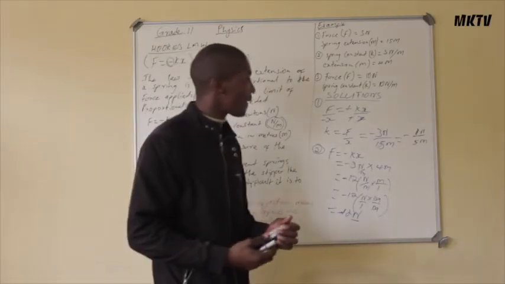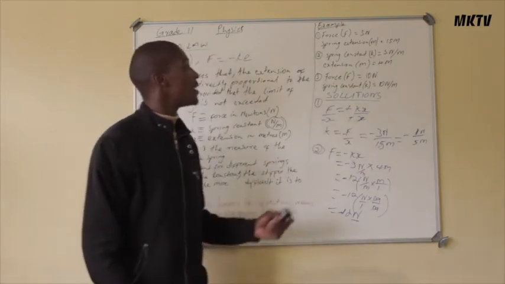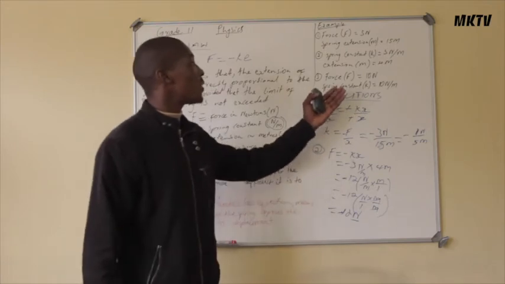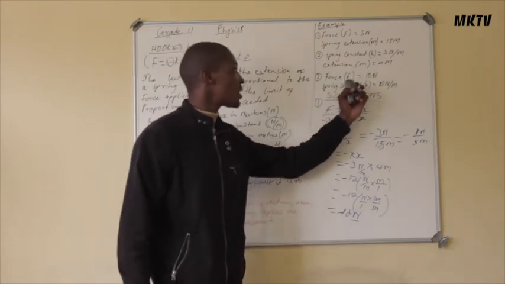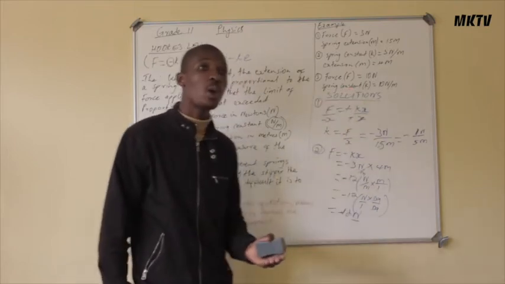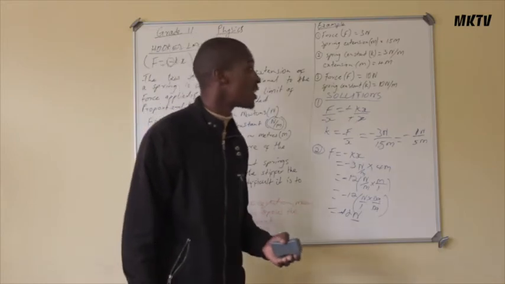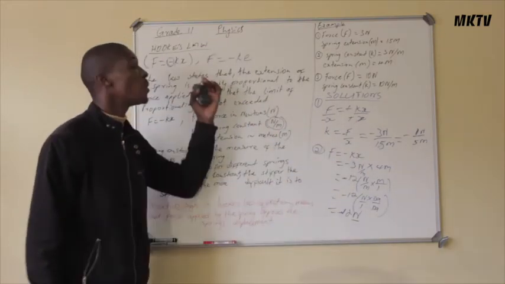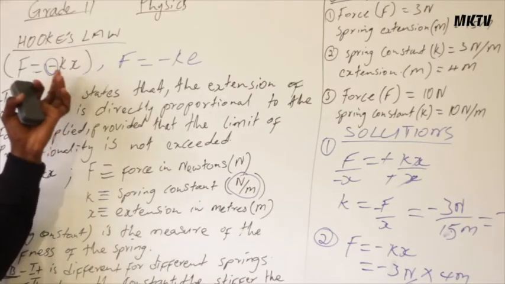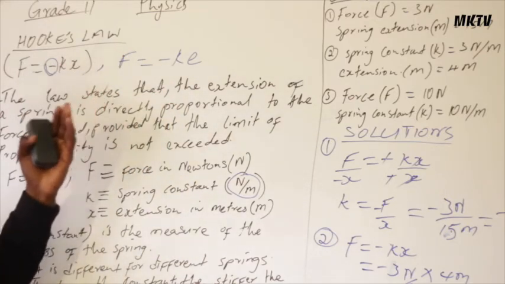Now I would like you to do example 3, and you should be aware that if you are given the force and the spring constant, this time around you are required to calculate the extension. So for you to calculate the extension, going back to your equation, you will have to make x, the extension, the subject of the formula.